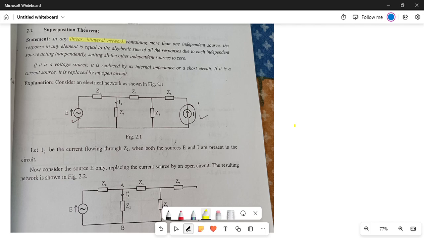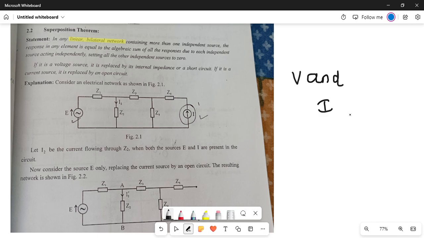It means that, for example, if your current or voltage is getting changed in a circuit, let's consider my voltage. What is my voltage? V. And what is my current? I. So let me consider that my voltage and current are changing with respect to time. What's going to happen is that the components, the resistance, the inductance and the capacitance, right?